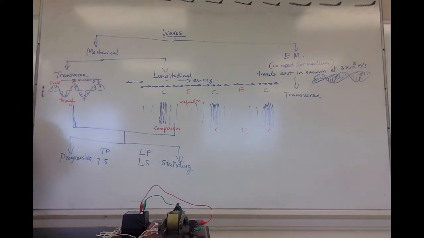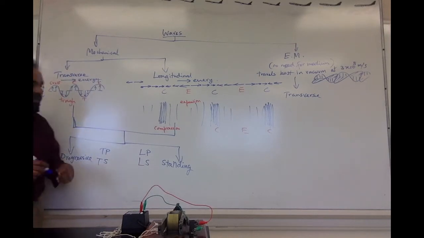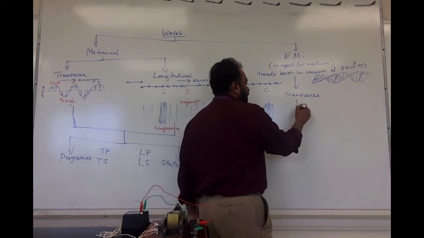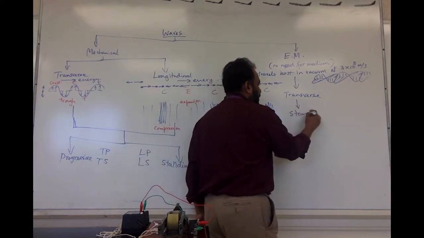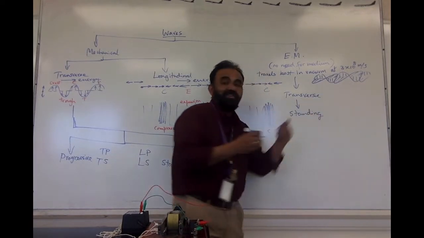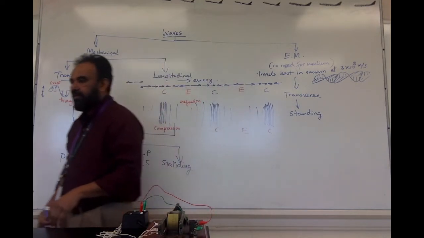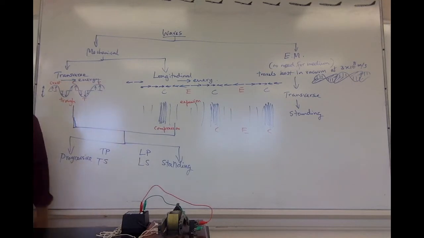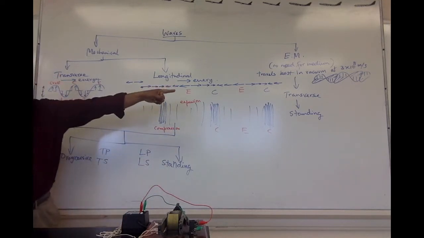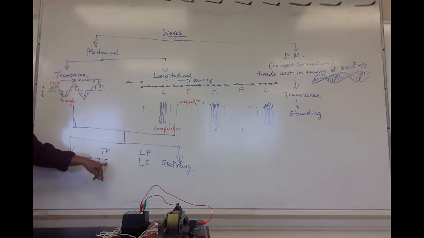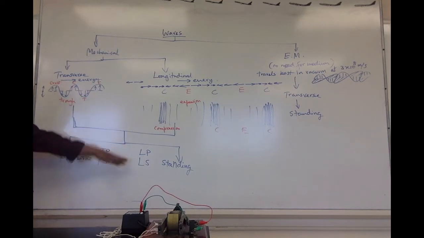There are 4 types of waves. And over here, this is transverse and standing, because the electric and magnetic fields are just stationary. There's nothing that's traveling. So transverse and standing is electromagnetic. But there are 4 different types.